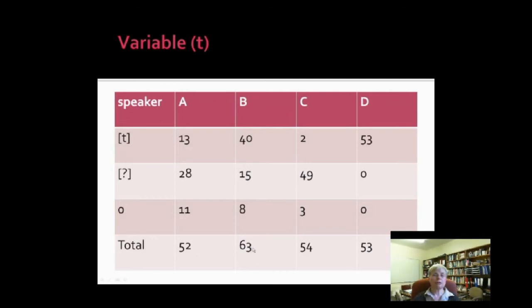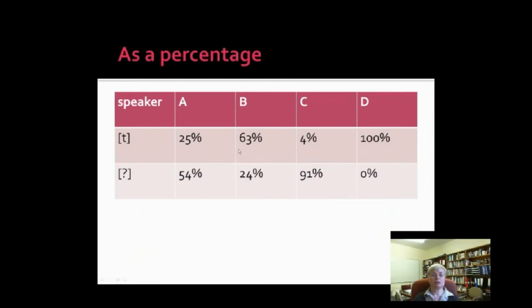So to say that there are 28 of these and 15 of these isn't as clear when you think that that's out of 52 and that's out of 63 as when you see it as percentages. So that's one thing to think about when you're doing calculations and comparisons and counting things up.